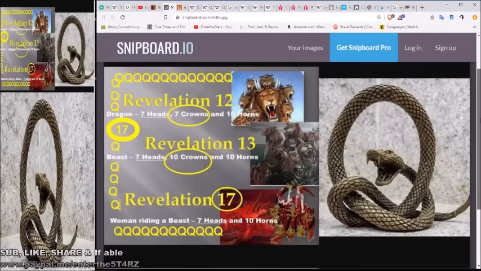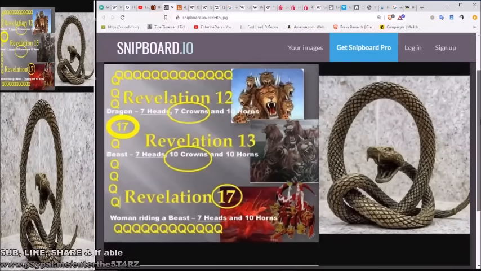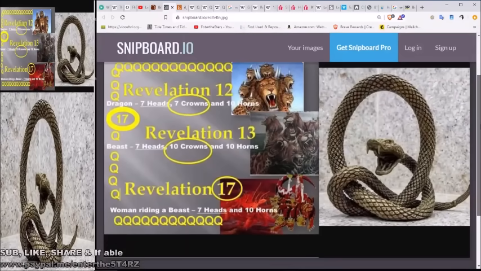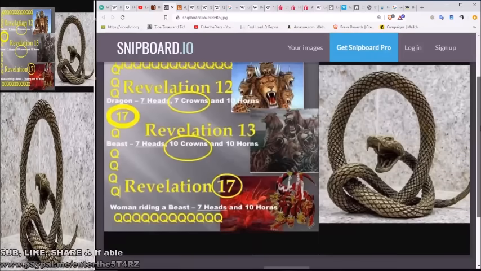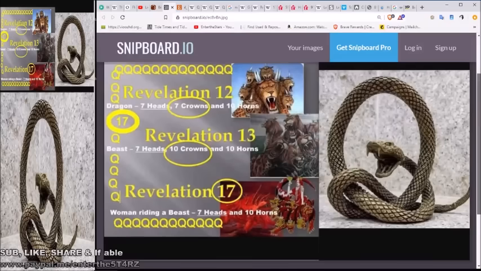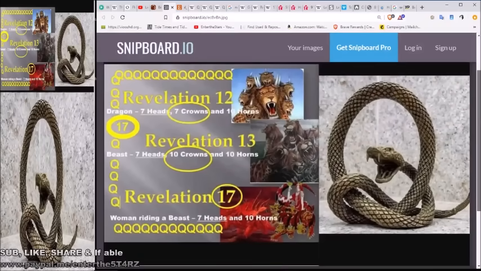That's in Revelation 12. We also have Revelation 13. 10 crowns, 7 heads. 17. Revelation 17. We have 7 heads, 10 horns. Are you seeing a pattern here? The dragon, the beast, the woman riding the beast.